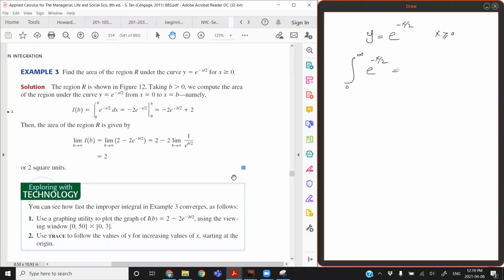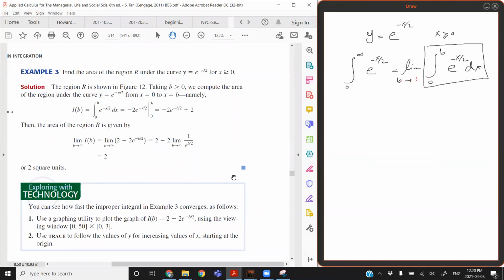So what do we do? We're going to write this in terms of a limit. We replace this infinity here with b. We calculate the area from 0 to b of e to the power of minus x over 2. And then this is going to be a function in terms of b. It's going to depend on b.